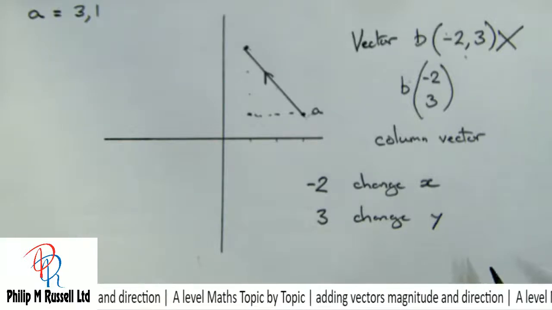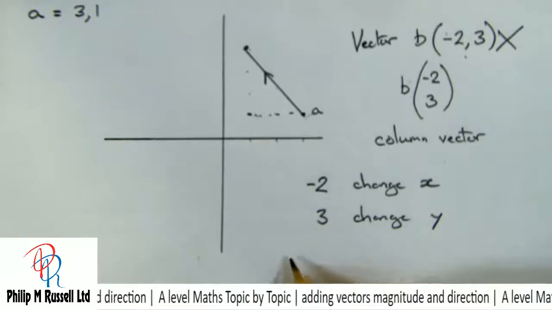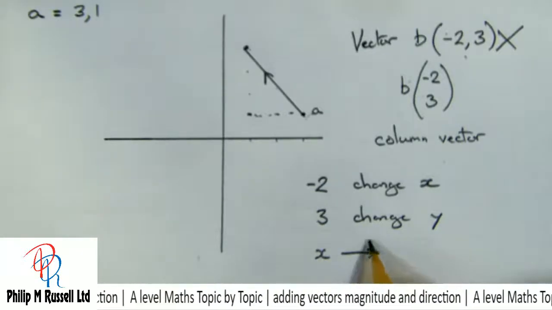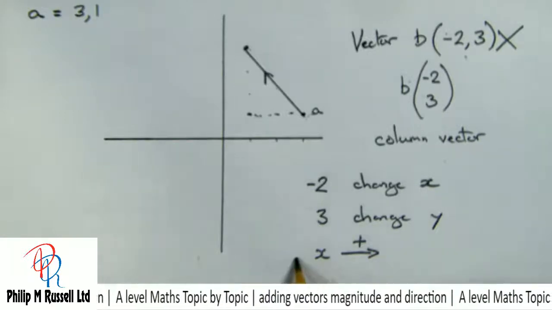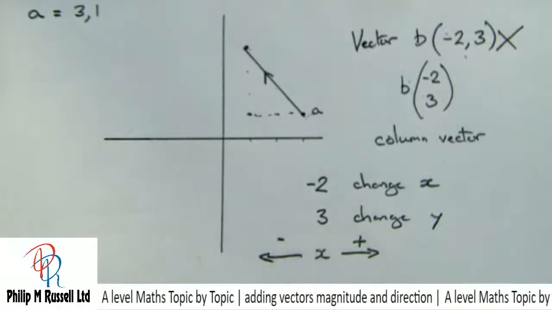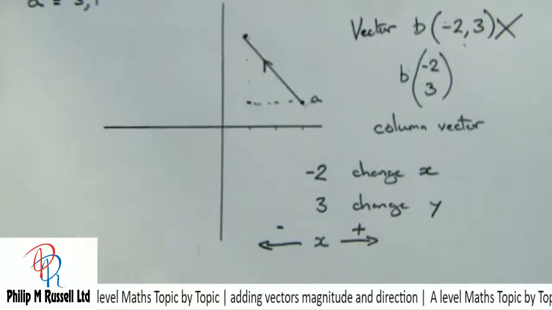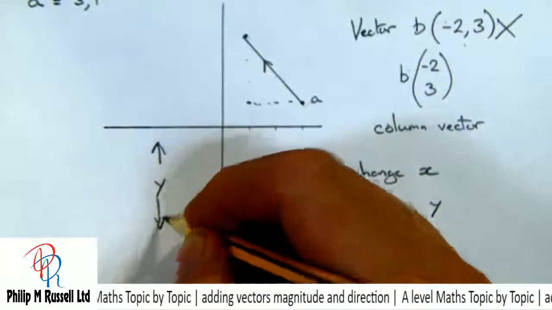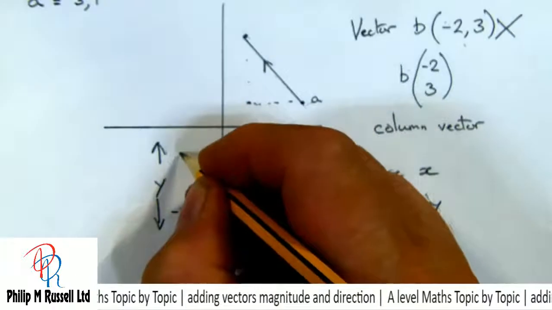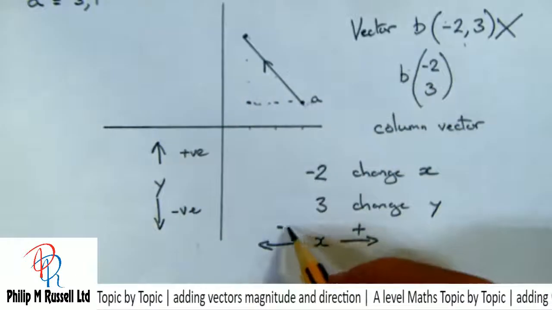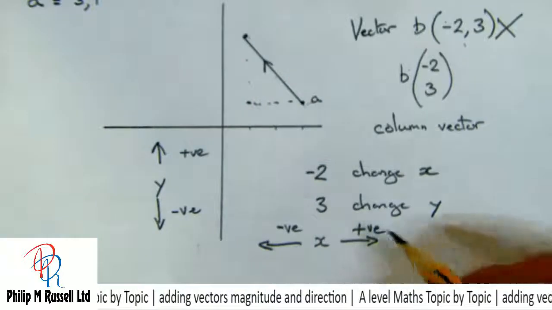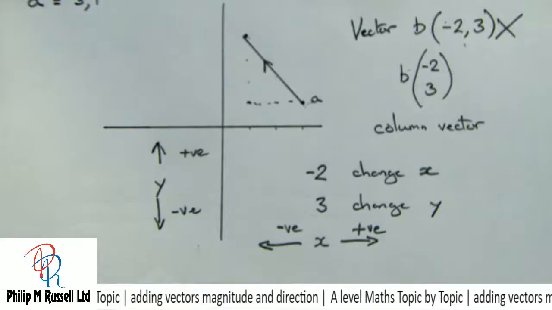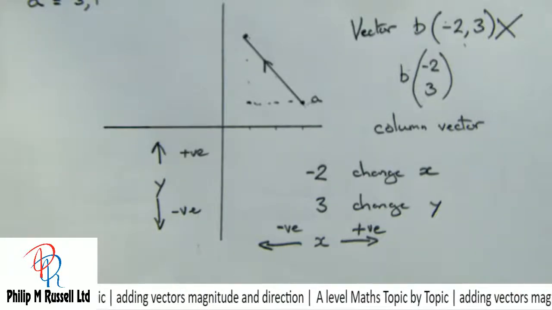Very simply, if we're travelling in x, then positive is increasing it and negative is decreasing, and y is going to be the same. Negative is going down and positive is going up. So we've got a way of representing these vectors.